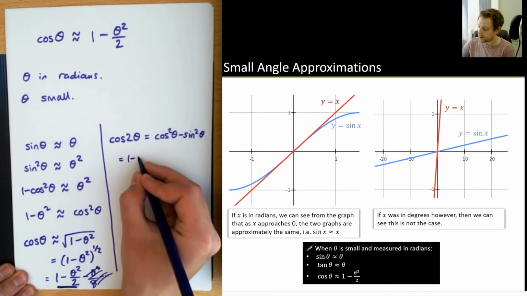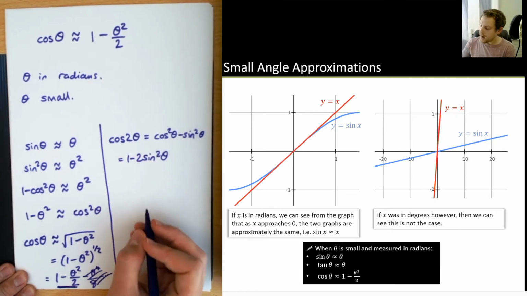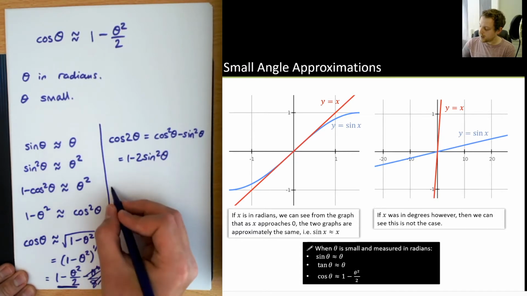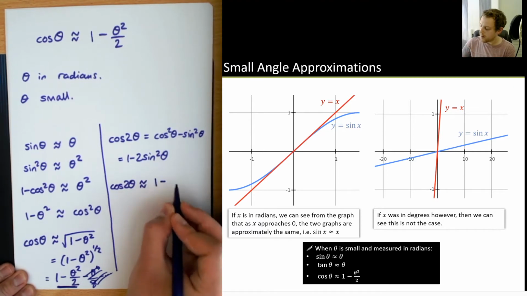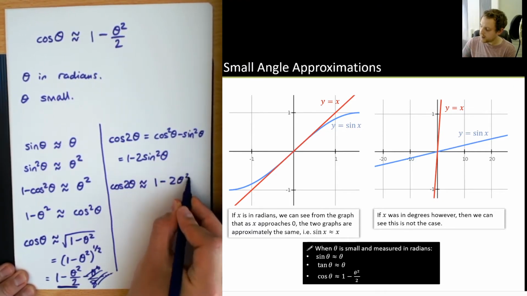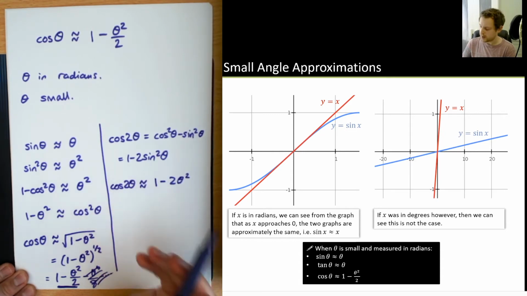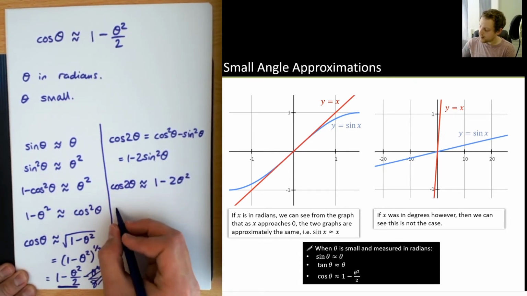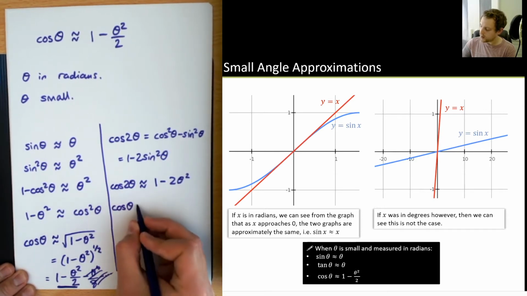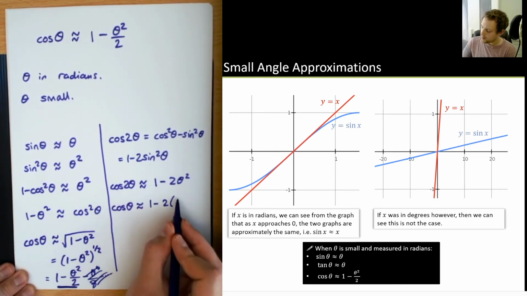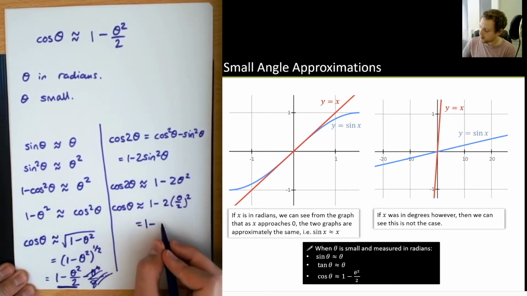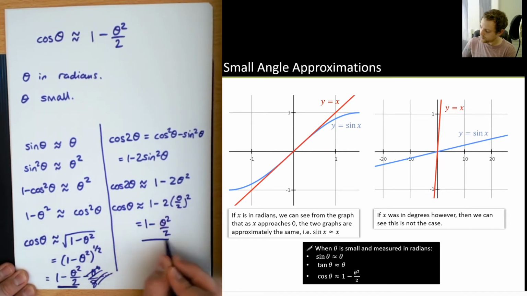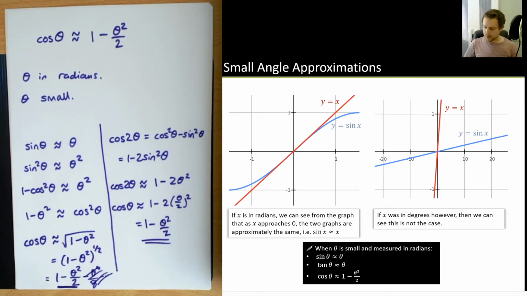So 1 minus altogether 2 sine squared. And then what's the idea here? Well, cos of 2 theta is going to therefore be approximately equal to 1 minus 2 theta squared, because sine squared will be approximately equal to theta squared. And then let's not use 2 theta, let's just use theta. So I'm basically, whatever theta was, I've halved it. And so that's literally theta squared over 2. So two kind of hand wavy arguments for the cos one that basically come from the answer for sine.